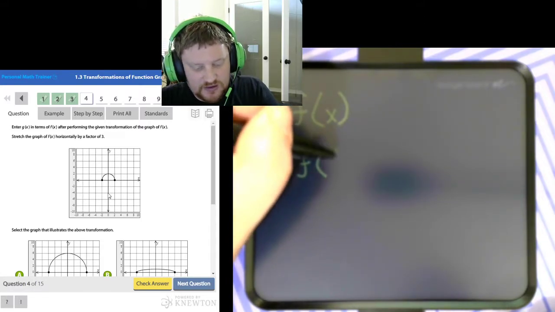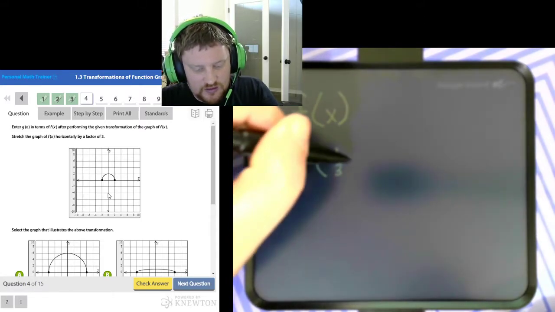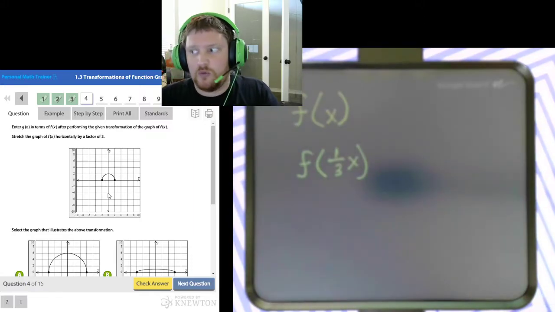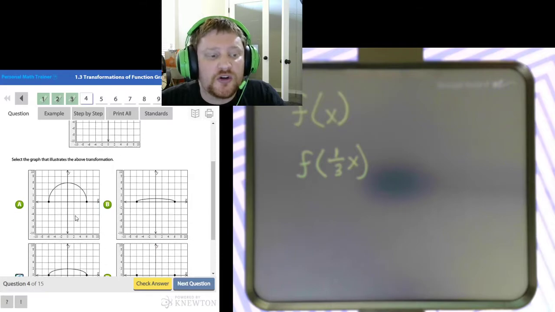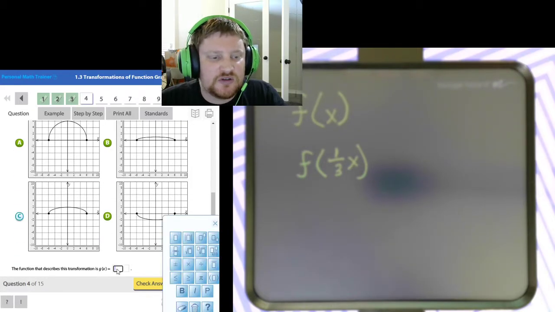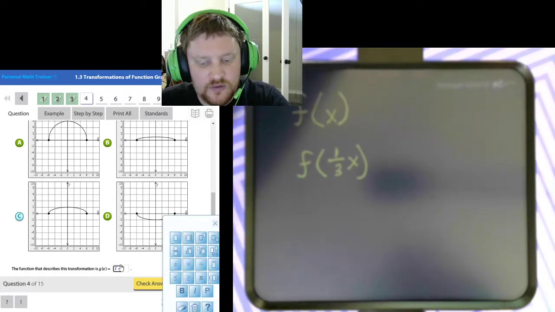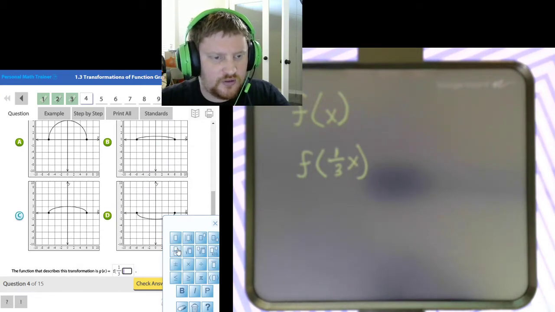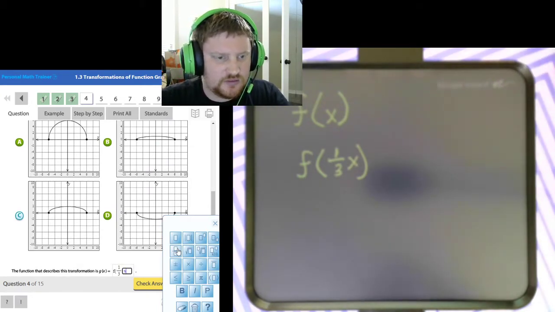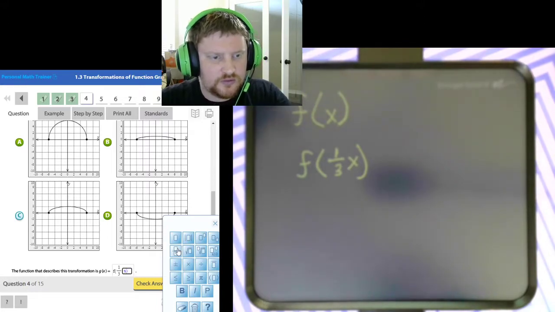So if it's by a factor of 3, that's what we're looking for. F of 1/3 of x. So let's get that typed in. F of fraction 1/3 x. Close.